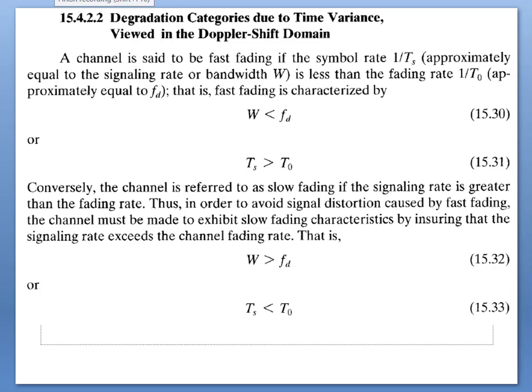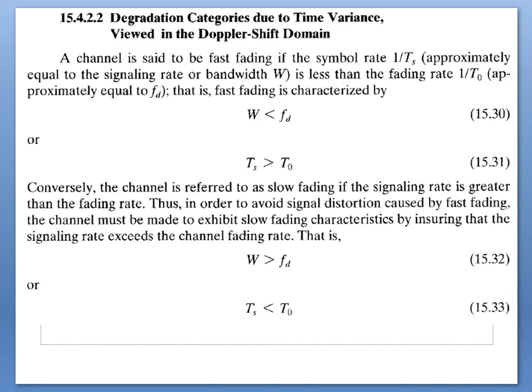The coherence bandwidth F0 sets an upper limit on the signaling rate that can be used without suffering frequency selective distortion. Similarly, the equations show that, due to Doppler spreading, the channel fading rate Fd sets a lower limit on the signaling rate that can be used without suffering fast fading distortion.